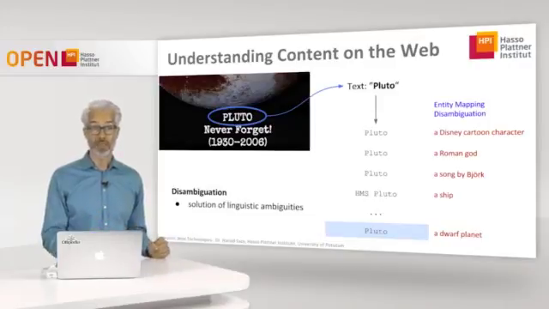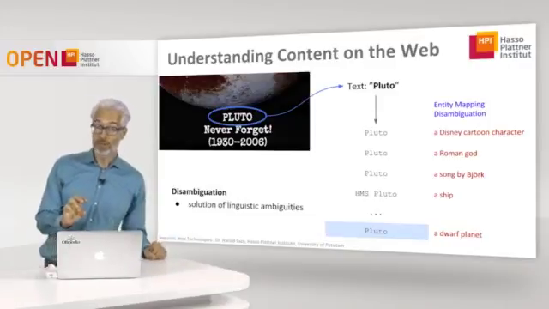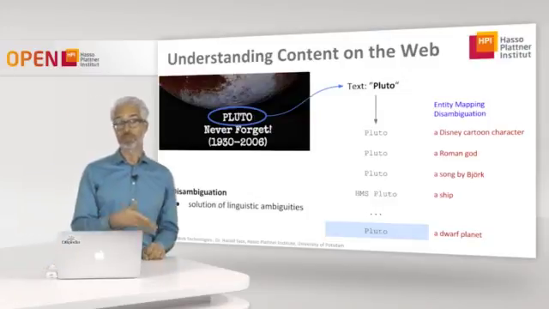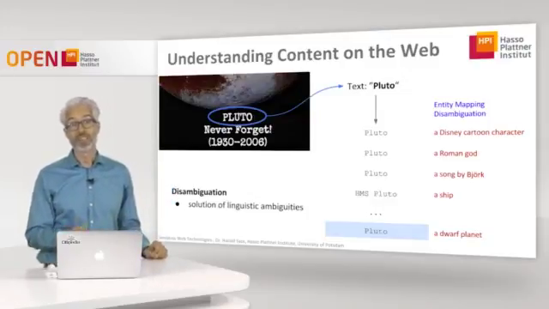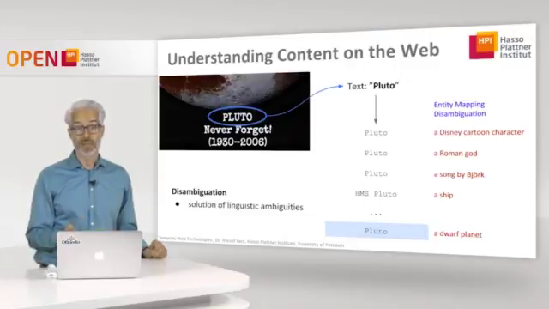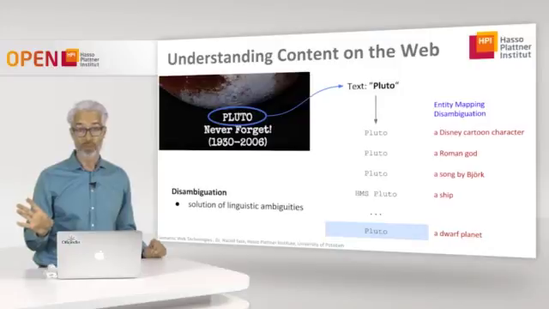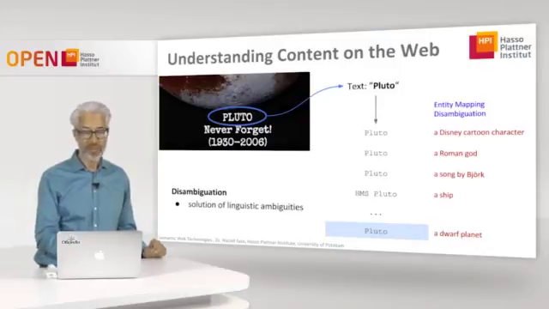So the first thing you have to do when you interpret a message from natural language is disambiguate linguistic ambiguities. Now we have fixed that this Pluto is a dwarf planet. But what does that mean? What is a dwarf planet?